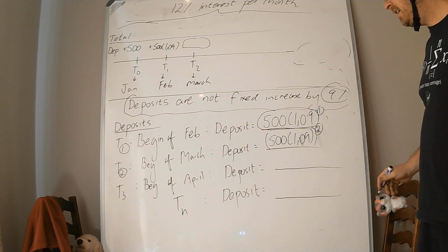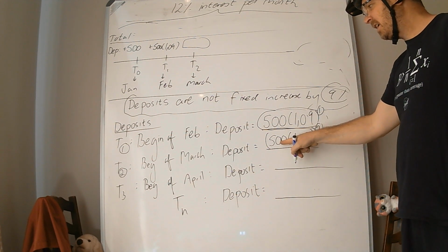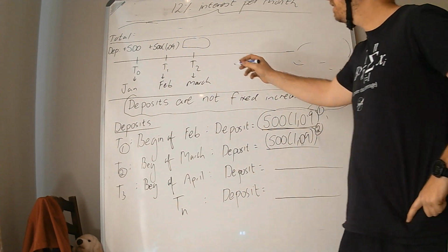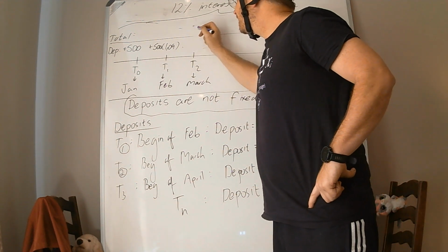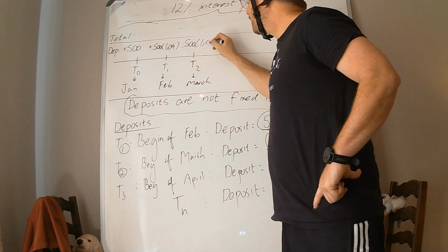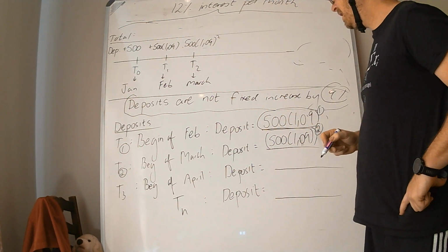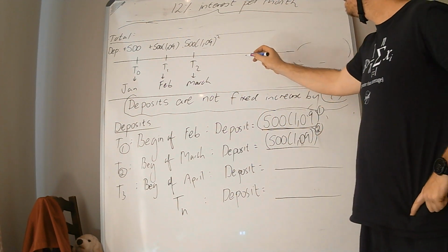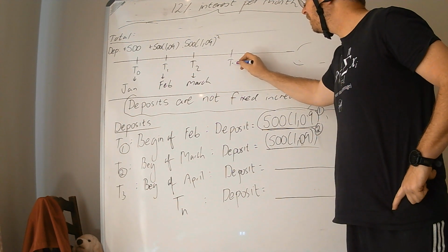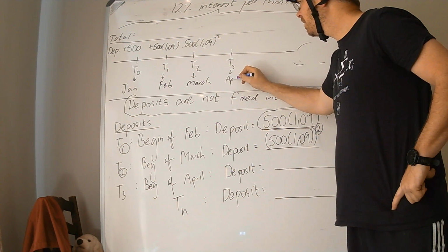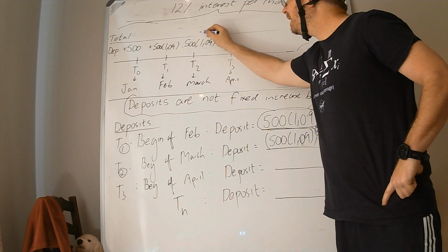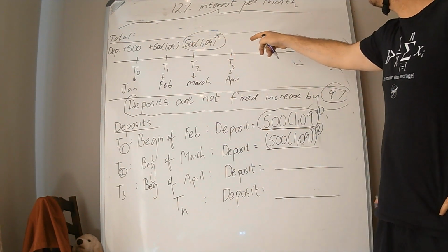So at T3, what are you going to do to figure out your new deposit? Here, the deposit was 500 times 1,09 squared, right at the beginning of March. It didn't ask you this, but at the beginning of April, what are you going to do? Here's your deposit at the beginning of March, 500 times 1,09 squared.